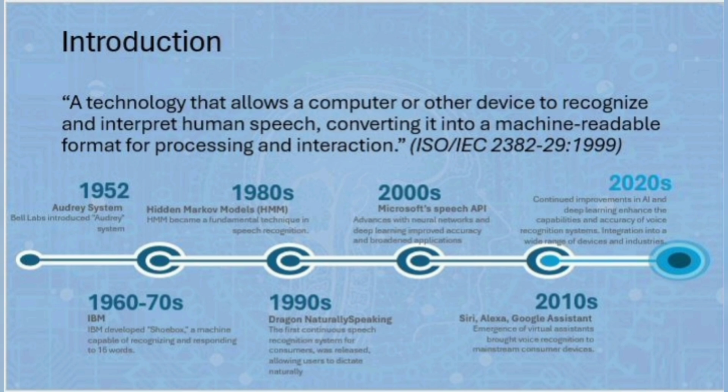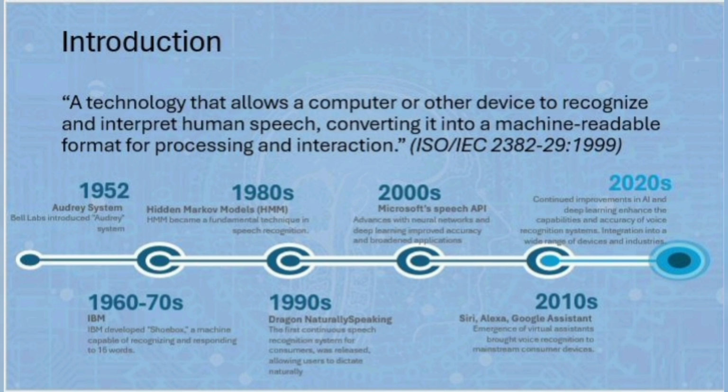Around the same time, DARPA initiated several speech recognition projects, leading to significant advancements in the field. In the 1980s, we saw the introduction of hidden Markov models, which became a fundamental technique in speech recognition. HMMs allowed for better modeling of speech patterns.